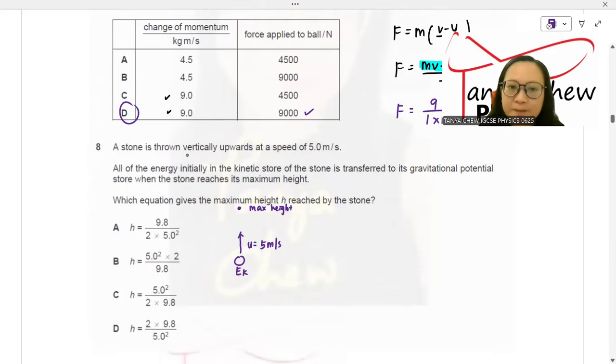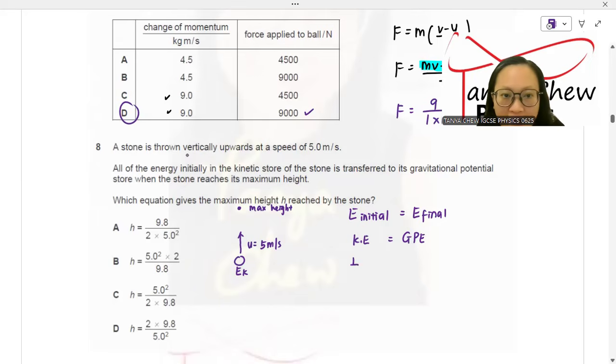Which equation gives the maximum height h reached by the stone? Since the question already mentioned it, I'm going to use the principle of conservation of energy to solve this. The total initial energy is equal to the total final energy. The initial energy of the stone is kinetic energy, which is converted to gravitational potential energy at maximum height. Kinetic energy is half mv squared.